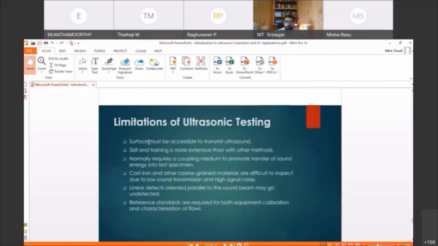Some of the limitations, as I told: the surface must be accessible to the transmitted ultrasound. One more important point, as per my experience, is that theoretical knowledge is useful, but troubleshooting and practical experience are very important in non-destructive testing.